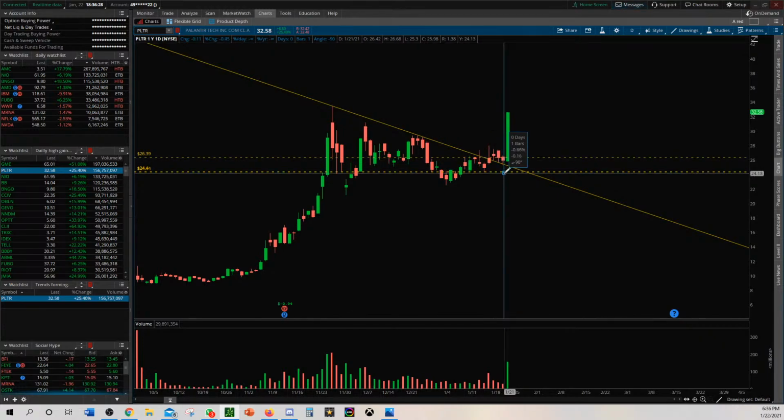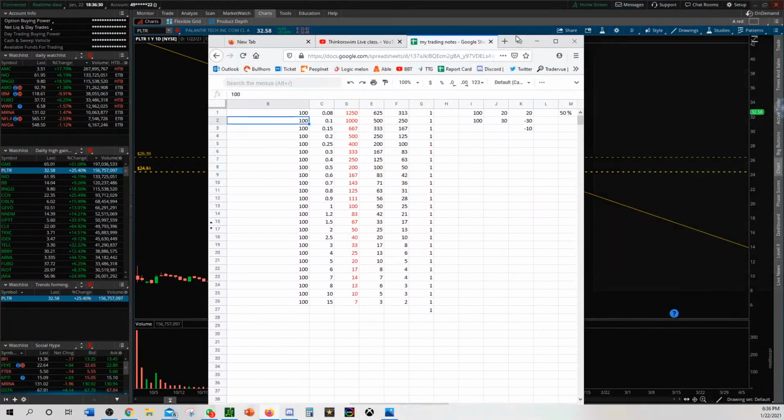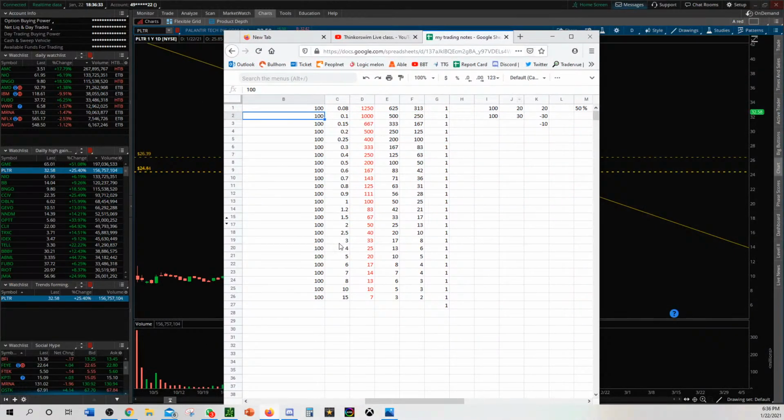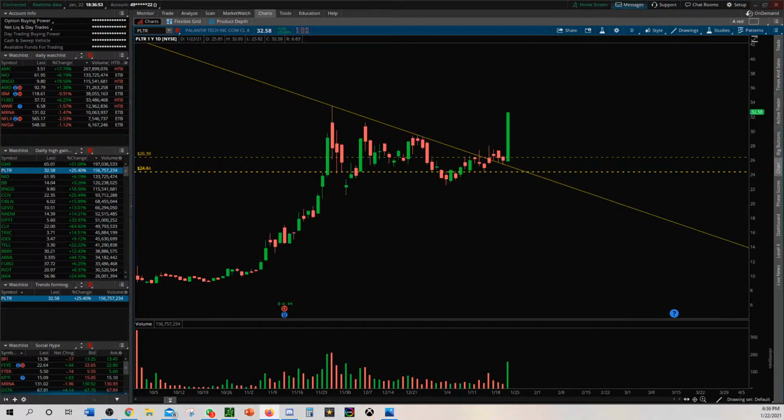That means if my risk is $100 and my stop distance is $2, I can buy 50 shares. Because if I buy 50 shares and the stock goes down $2, I'm going to be down $100 and I'm going to get stopped out. So I'm not going to lose more than $100.